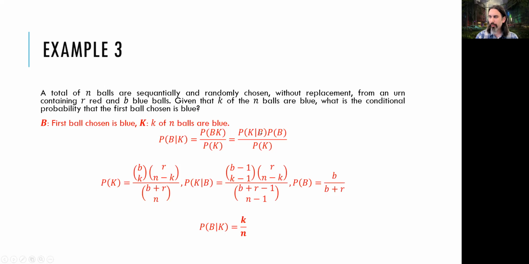We are also looking for the probability of K given B. Now in K given B, we know that the first ball chosen was blue. So we can just remove it from the question. Pick a blue ball, remove it from the question. Now, what we have left is B plus R minus 1 balls. We're going to pick n minus 1 balls out of them.